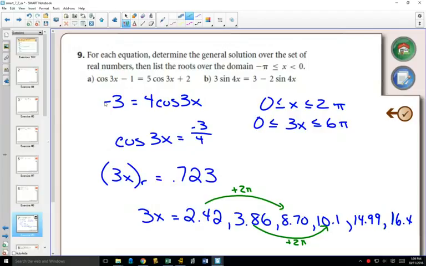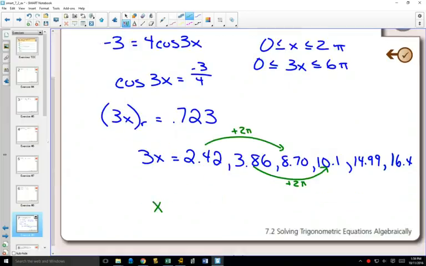Now, if we want to find our answers between 0 and 2 pi, we'd have to divide each of those by 3. Okay? All right, so dividing each of them by 3.